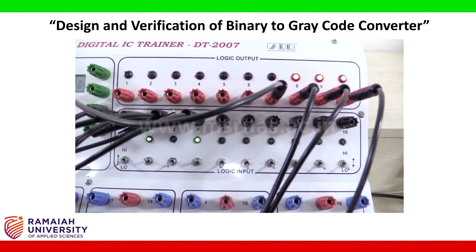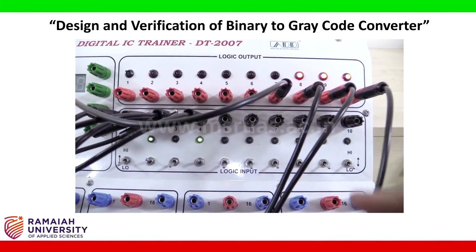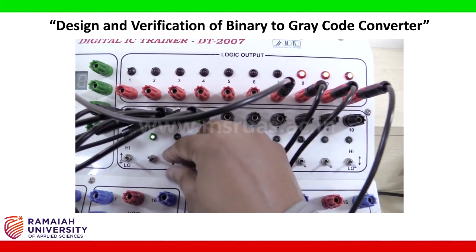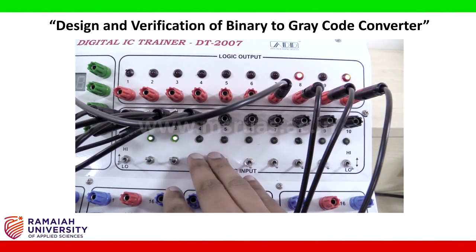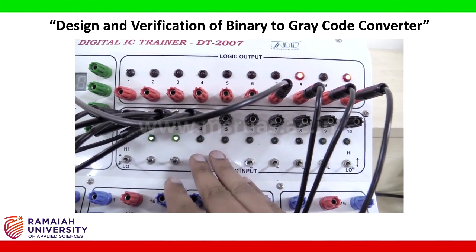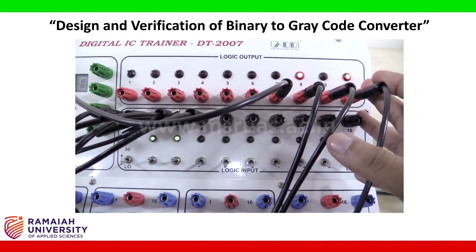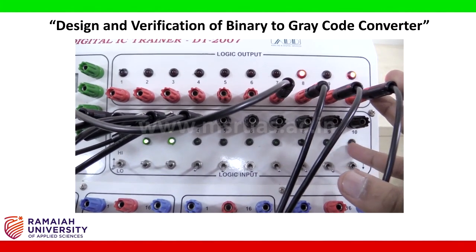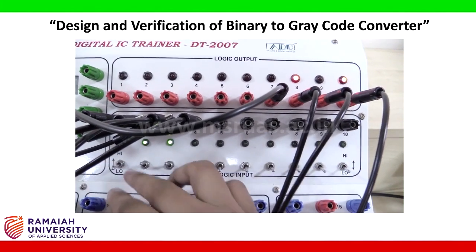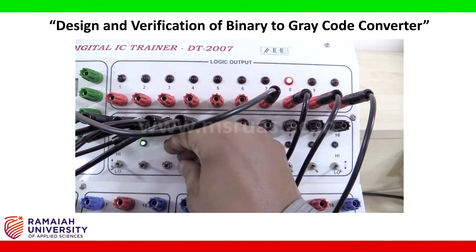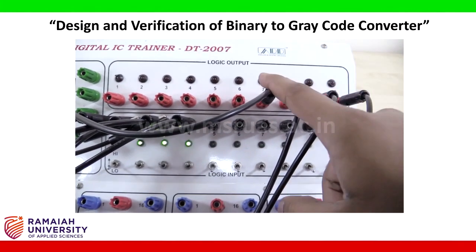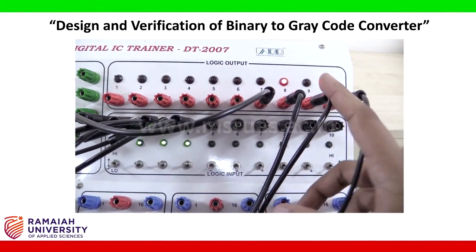For the next combination, 0 1 1 0, the output will be 0 1 0 1. For the next combination, 0 1 1 1, you can see the output is 0 1 0 0.